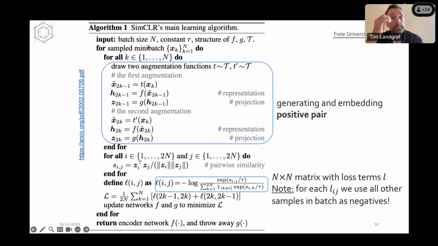So this is the algorithm as outlined in the paper. We choose our hyperparameters, batch size N, a constant tau for the InfoNCE loss. We decide on a certain structure of the encoder and the head.